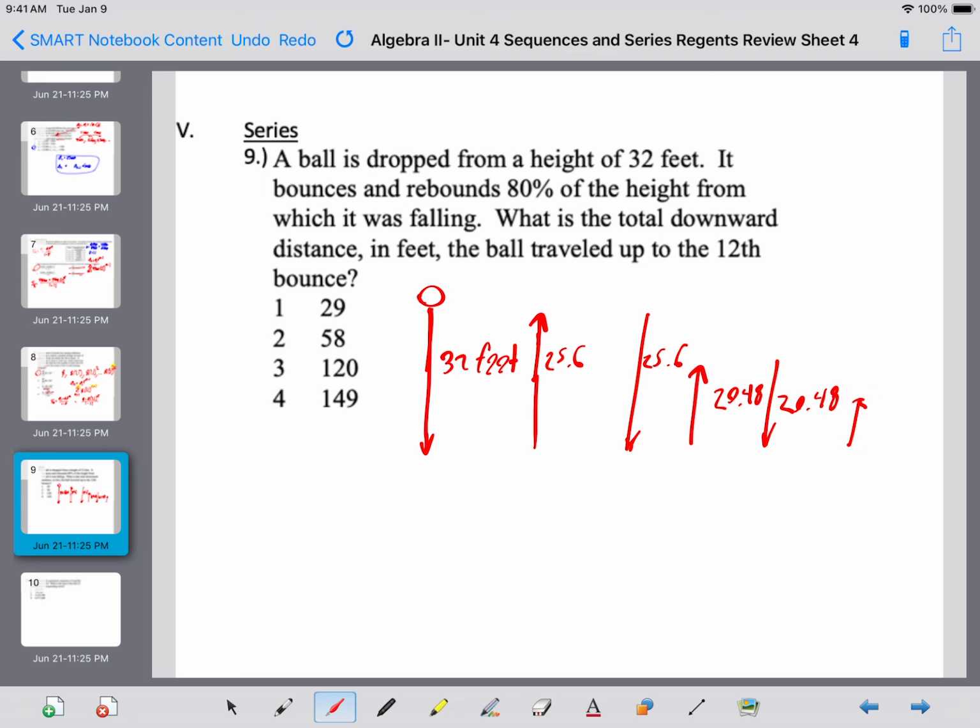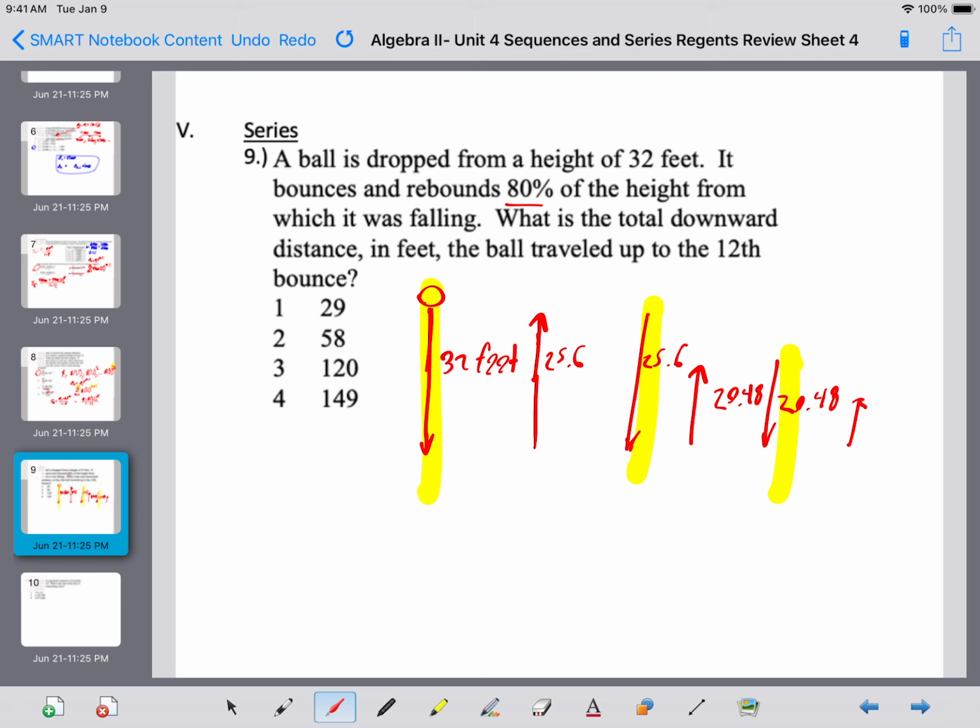Okay, so we see what's happening here. What is the total downward distance in feet? So down is 32, 25.6, 20.48. So that is a sequence here. It's geometric because you have a common ratio of 0.8.